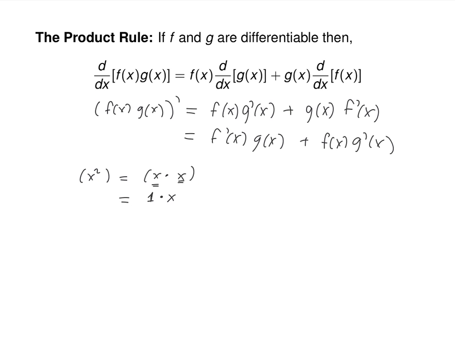And then plus, f says leave the first function alone, which is x, multiplied by g prime, which is 1. And what's 1x plus 1x? 2x. So it checks out and gives you what you're supposed to get. You would never differentiate x squared that way, because that'd be silly, but at least our rule seems to be consistent with what we know for derivatives.